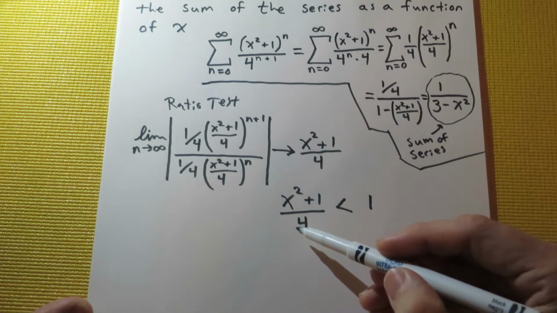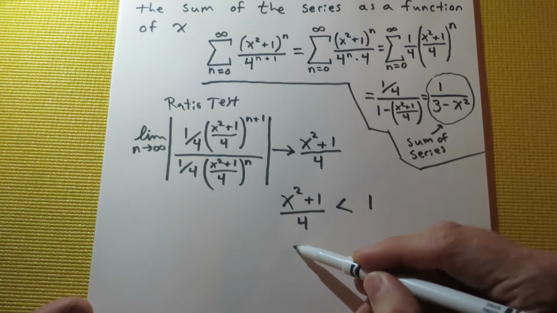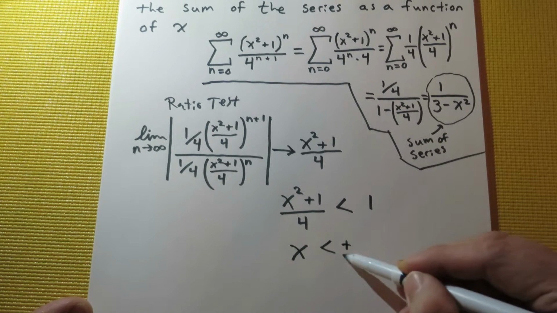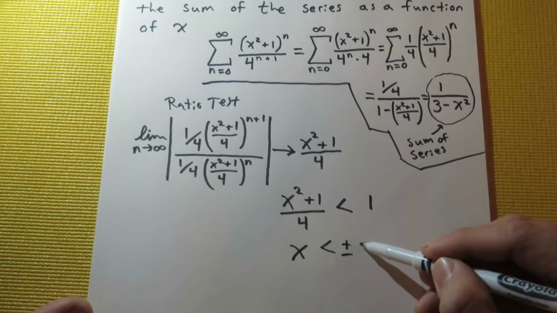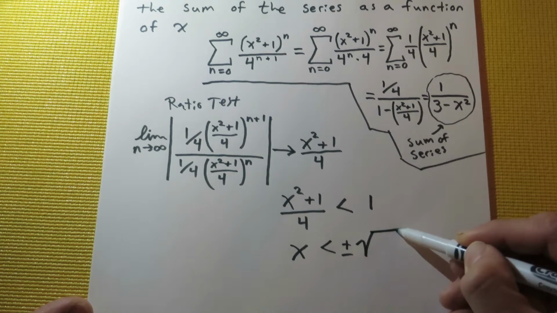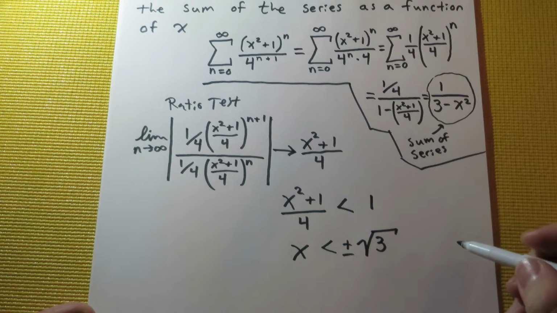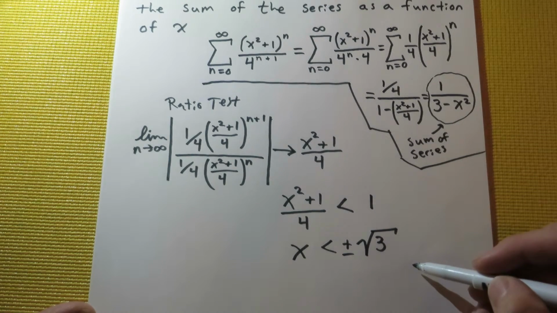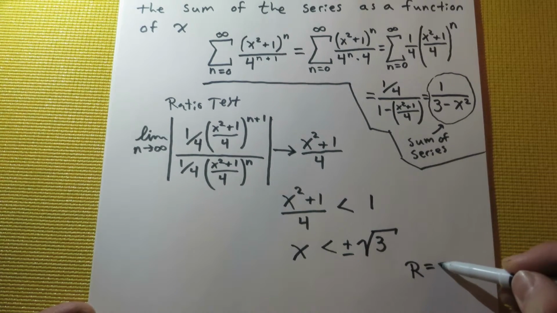If we take the square root of both sides, that gets us to x is less than positive or negative square root of 3, which means that our radius of convergence, which we'll call r, is going to equal root 3.